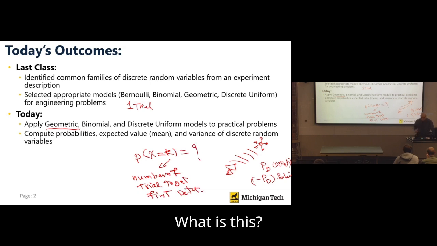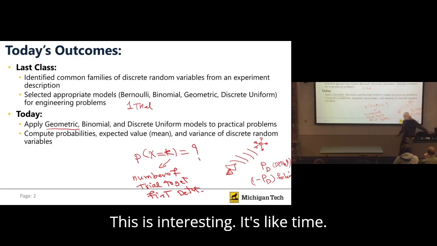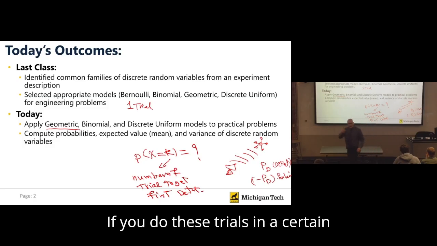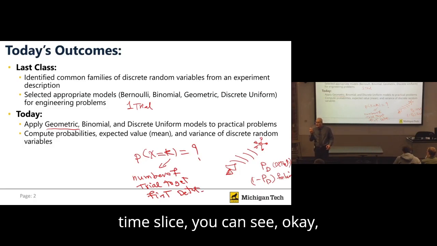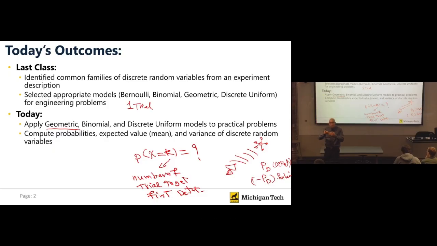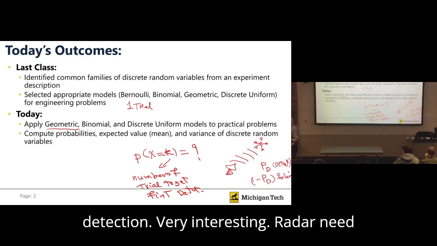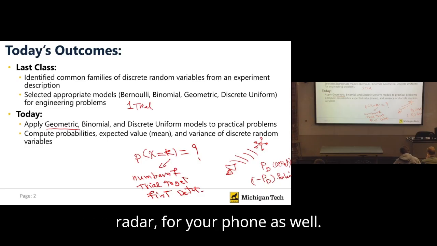What is this? This is interesting. It's like time. If you do these trials in a certain time slice, you can see in which time I can get detection. Very interesting. Radar needs to do that sometimes. It's not just for radar, for your phone as well.